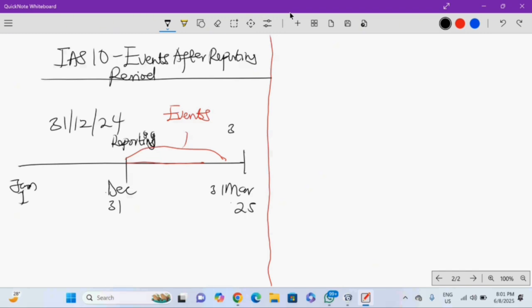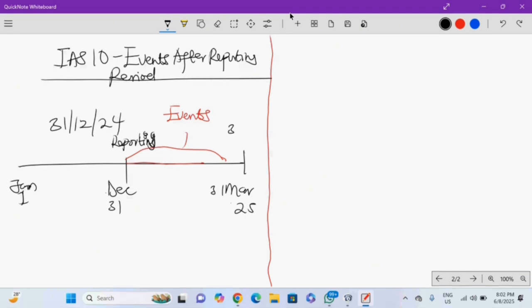So the events that occur between the reporting date and the issue date are known as the events after the reporting period. They are events that occur at the end of the financial period, but before accounts are signed and then published.